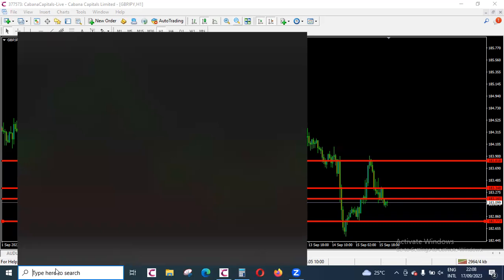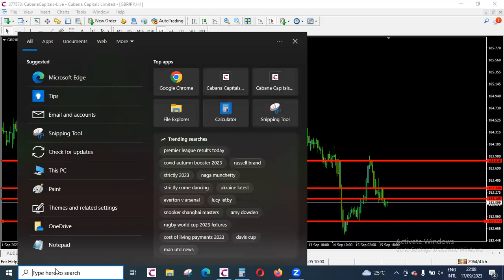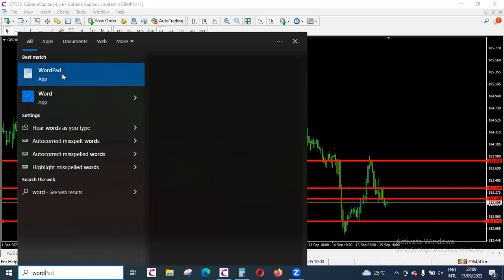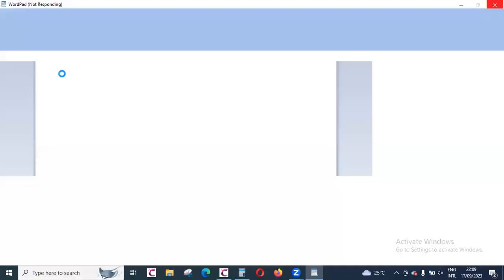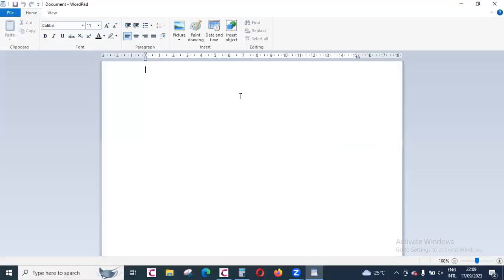You're advised not to risk more than 1%, maximum 2% on every trade you execute. When you become consistently profitable, you can increase the risk to 3%, 4%. But as a beginner, you should start with 1% or maximum 2%.